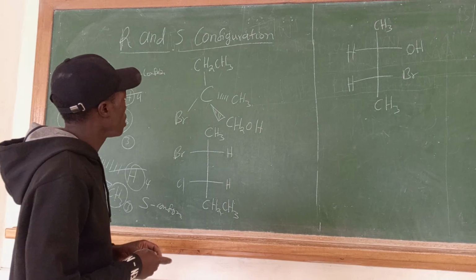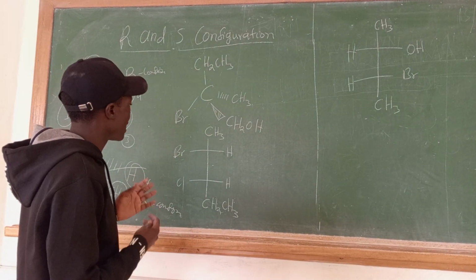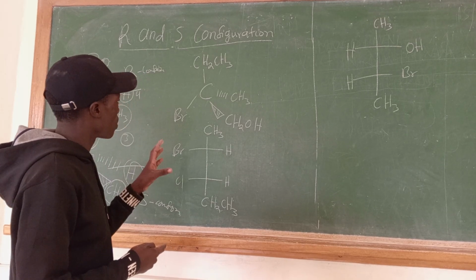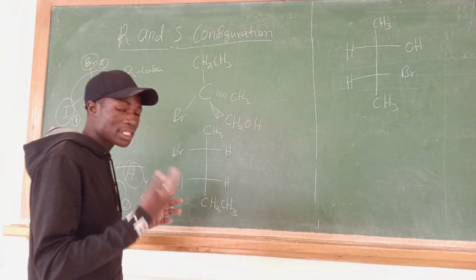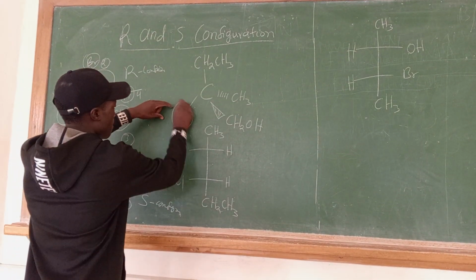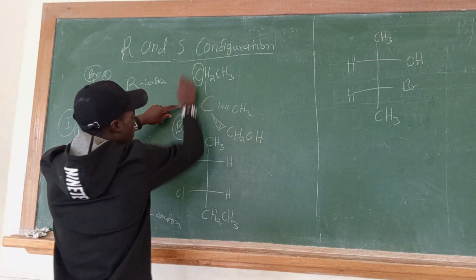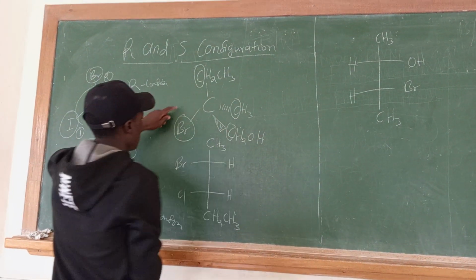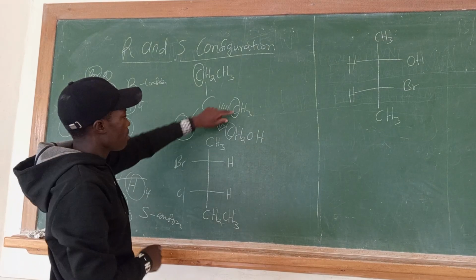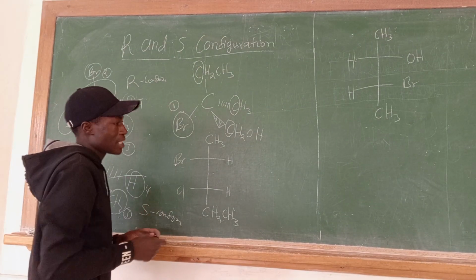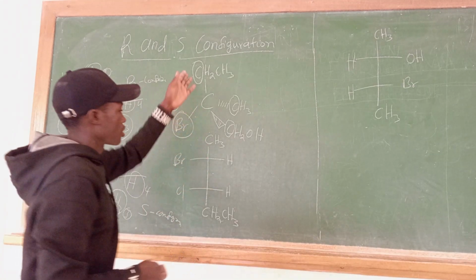So now let's see on which basis we assign the priority: based on atomic number of the atom directly attached to the chiral center. So let us see. We have bromine, we have carbon, then we have carbon. So between bromine and carbon, bromine takes the lead, of course. So we are going to assign 1 because that's a higher atomic number on the periodic table as compared to carbon.